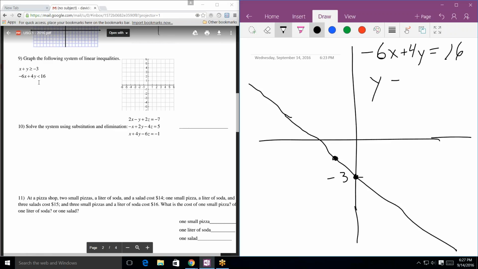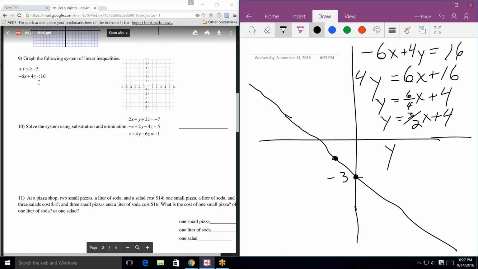Did you get 4y? You do. You get 4y equals 6x plus 16. And then you get y equals 6/4 x plus 4, which is y equals 3/2 x plus 4. And it's not an equation. It's y is less than this.